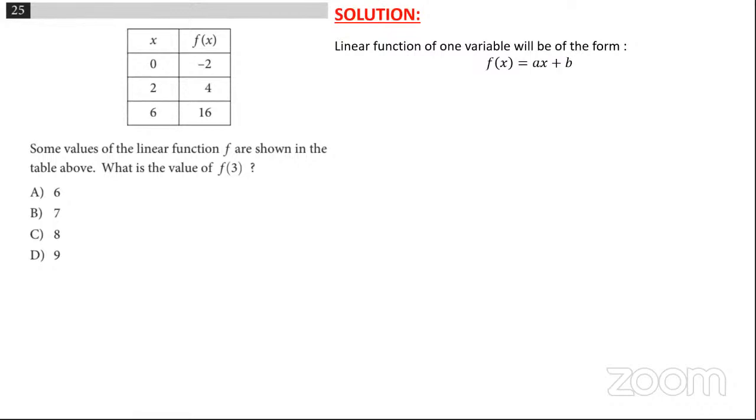So here x is the variable, then the linear function of one variable can be written as f of x is equal to ax plus b. Now using this, try to solve this question. If you guys get the answer, let me know. I'll give you like 2 minutes.